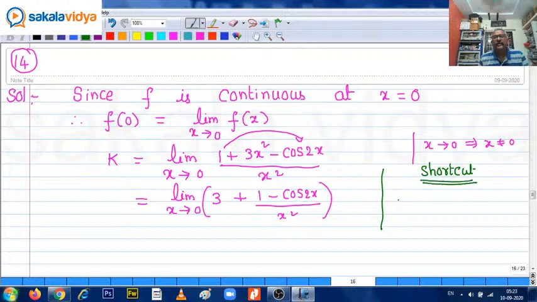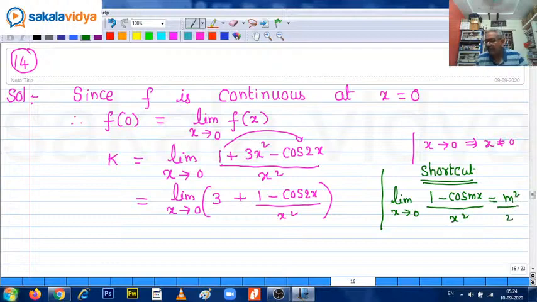What is the shortcut? Limit x tends to 0 of (1 minus cos mx) upon x squared is m squared upon 2. This is the shortcut.